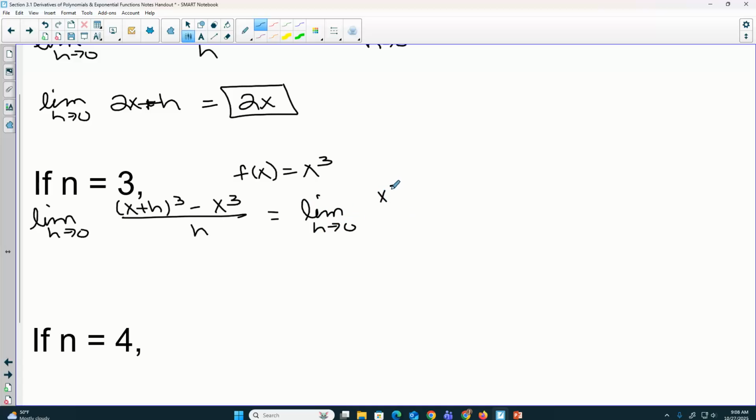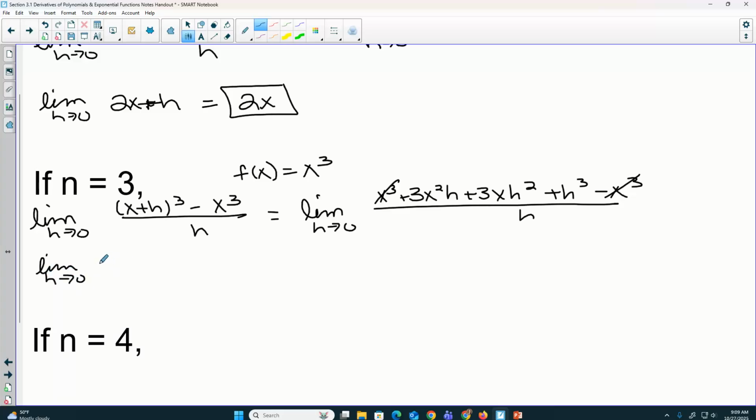So it's x cubed plus 3x squared h plus 3xh squared plus h cubed, minus my x cubed, all over h. What happens? The x cubes cancel out, and everything that's left could be divided by h. So we get 3x squared plus 3xh plus h squared. If I plug in 0 for my h's, we get 3x squared.